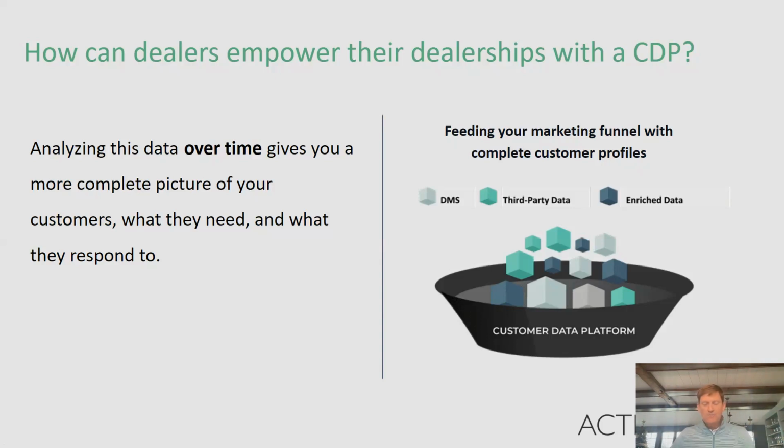But then newspapers were replaced by websites, and then websites were augmented with digital ads, and digital ads were then advanced with social marketing, and on and on and on, right? But ultimately, it's all about reach, and it's all about maximizing the message to ultimately drive traffic into the showroom, right?